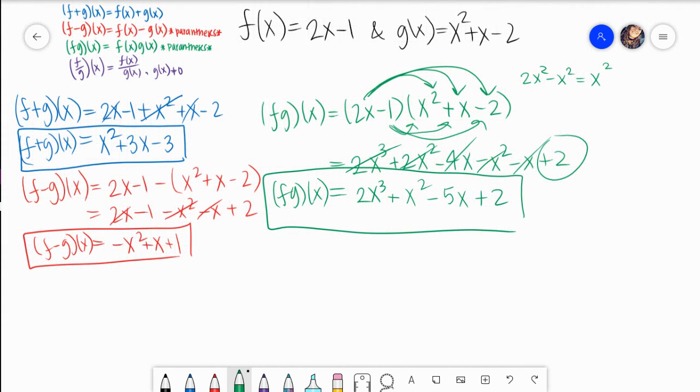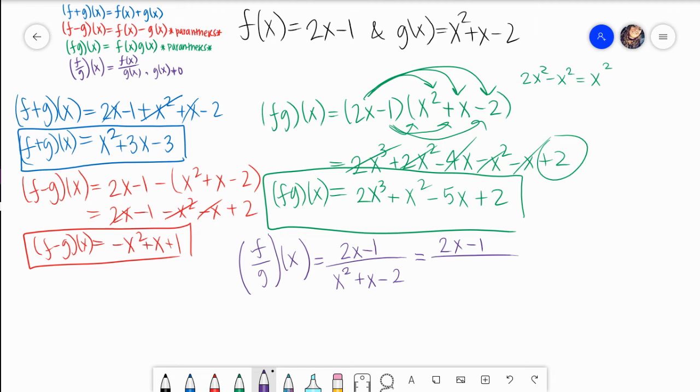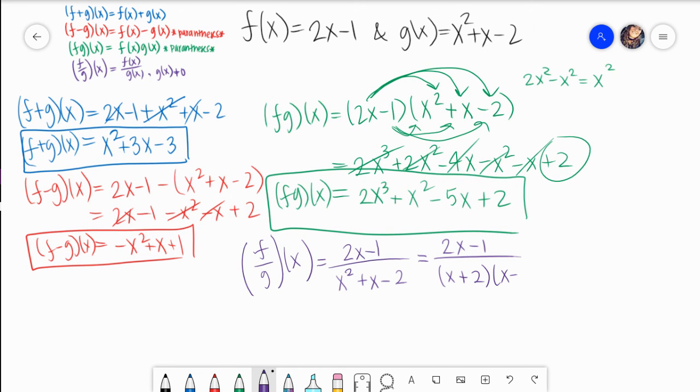Okay, now for our quotient, what you do is you take our f over g, which is 2x minus 1 over x squared plus x minus 2. If you do the AC method on the denominator, what you get for your factors is an x plus 2 and an x minus 1.